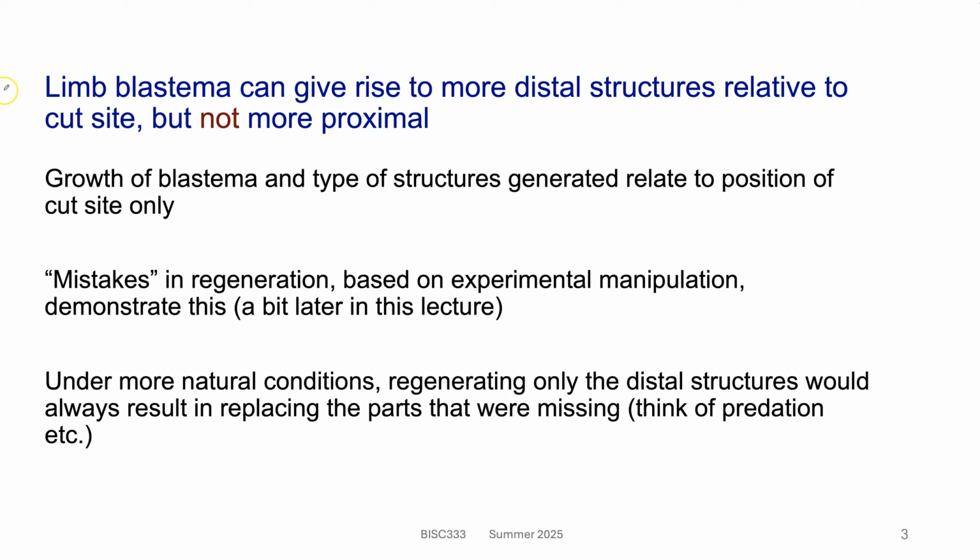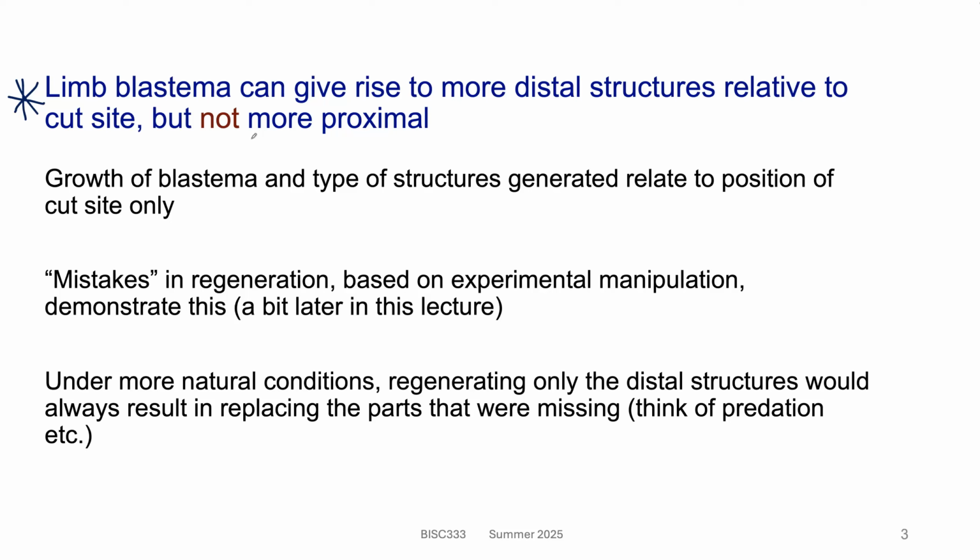So this is a really key concept, which is that if you look at the cut site, either because a predator has bitten part of a limb, or because it's been very cleanly and sterilely cut, the tissues that are regenerated are always more distal relative to the cut site, not more proximal.